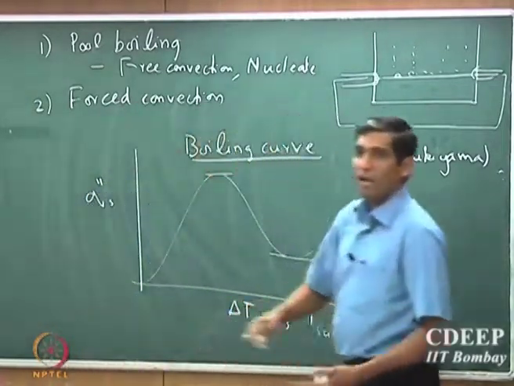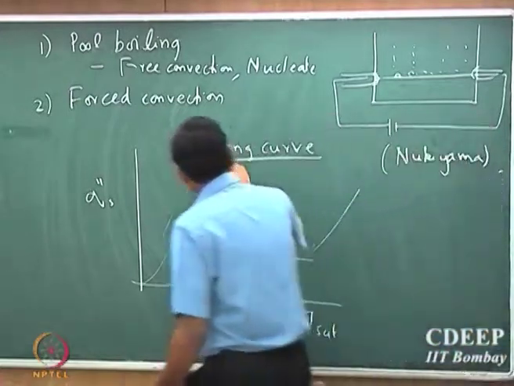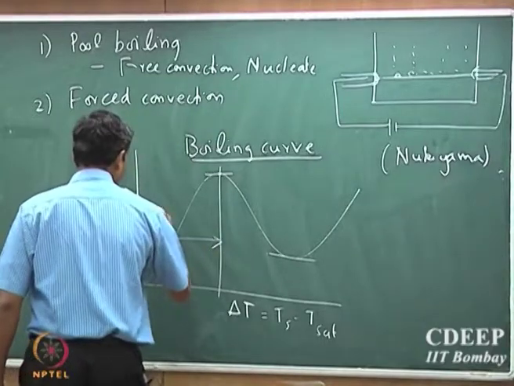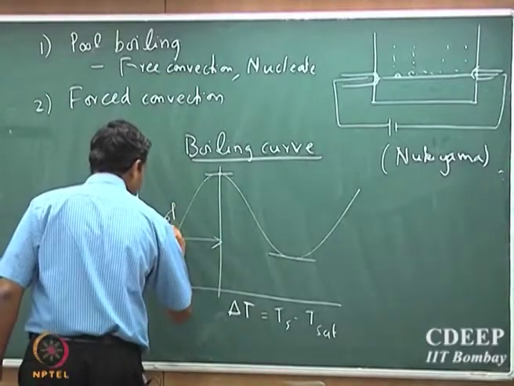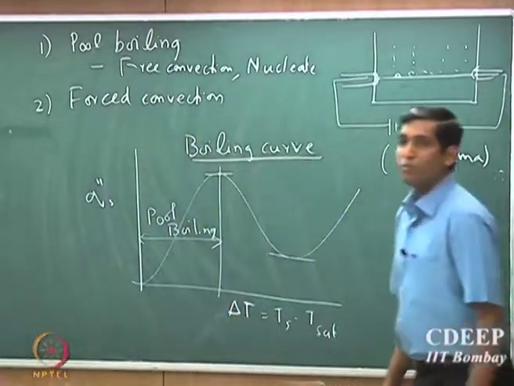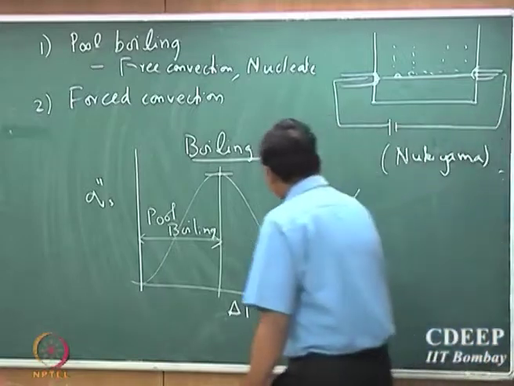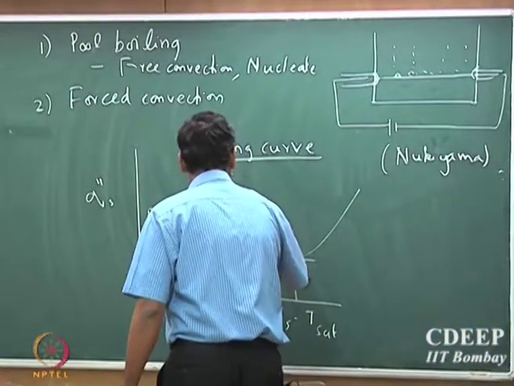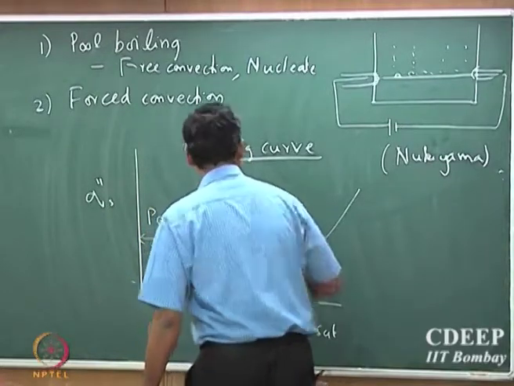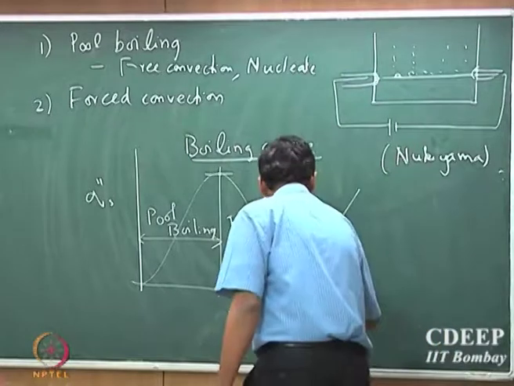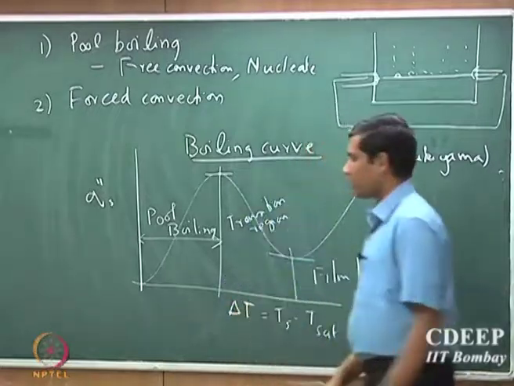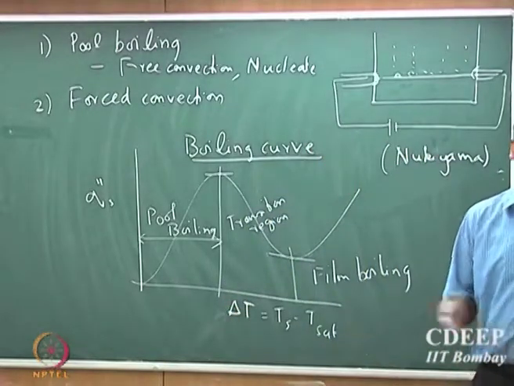The region before the maximum is called the pool boiling region, this region is called the transition region, and this place is called the film boiling region. So these are the three different stages of boiling.